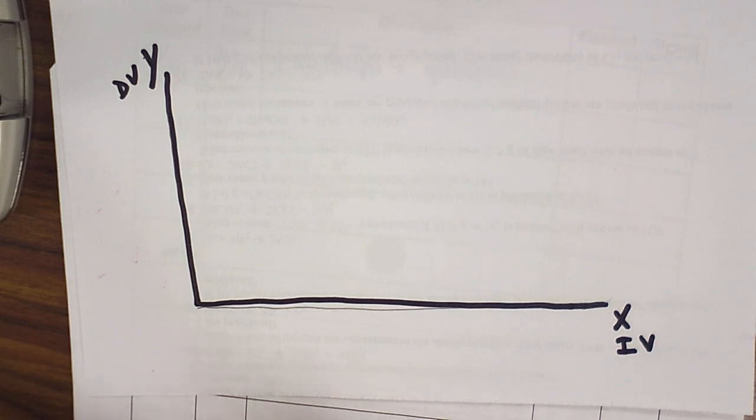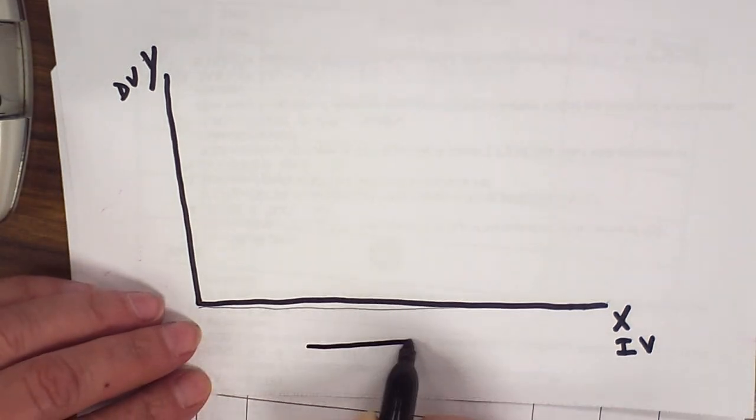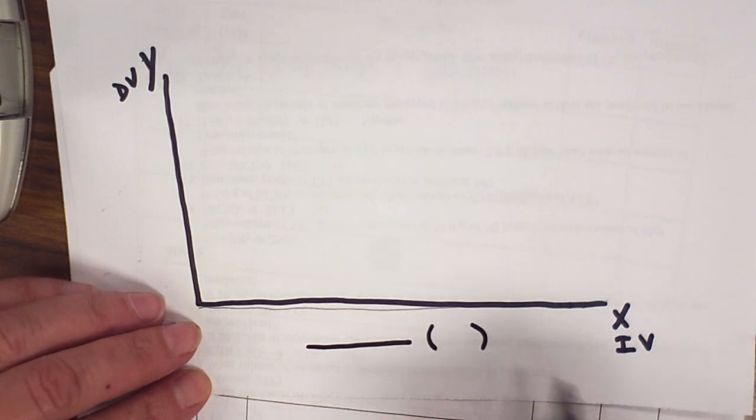The vinegar, right? The acetic acid is the one that I change, because the baking soda is in the tablet, and we used 1 tablet for every trial. So the thing that we changed was the milliliters of the acid, and that's going to be here on the independent variable axis.